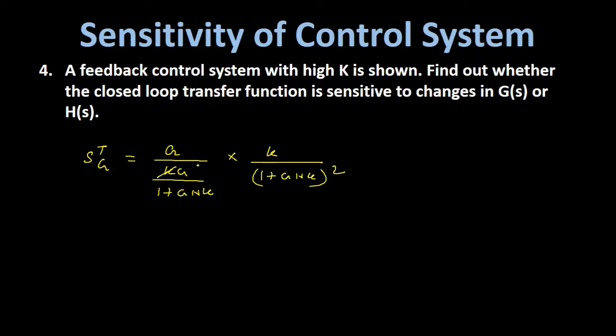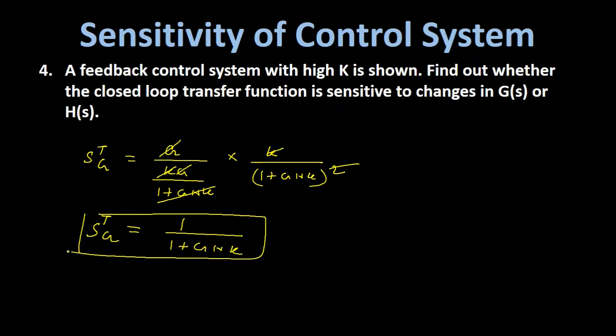Now this K cancels with this K, this G cancels with this G, and this 1 plus GHK cancels with this 1 plus GHK, and we get the sensitivity of T with respect to G equal to 1 upon 1 plus GHK. So this is the equation of sensitivity of T with respect to G. But in this question it is given that the value of K is very high.